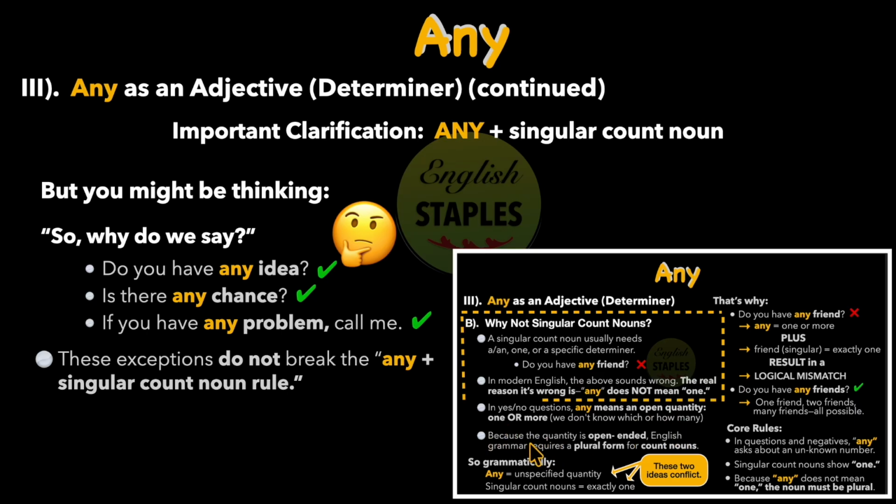We just looked at this question, do you have any friend? And we said that we could not say that because the real reason why it's wrong is any does not mean one. But what this is saying is that these three exceptions do not break the any plus singular count noun rule. These are just exceptions.